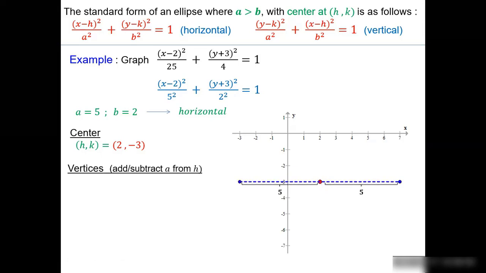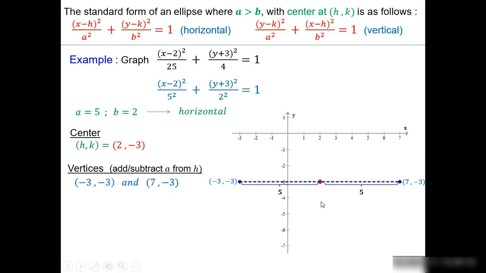So when I move 5 units from the center, I'm going to keep the same y value of -3, but since the center had an x coordinate of 2, I have to add 5 to get 7 and subtract 5 to get -3. So our vertices are (-3, -3) and (7, -3).